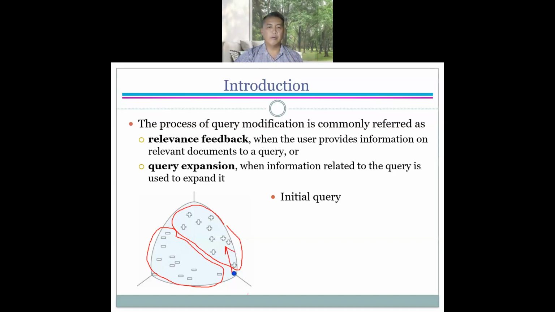The only way for you to move in that direction is to change the query so that it moves in the right direction. You may go in this direction if you key in irrelevant keywords. This one will move away from your positive documents.